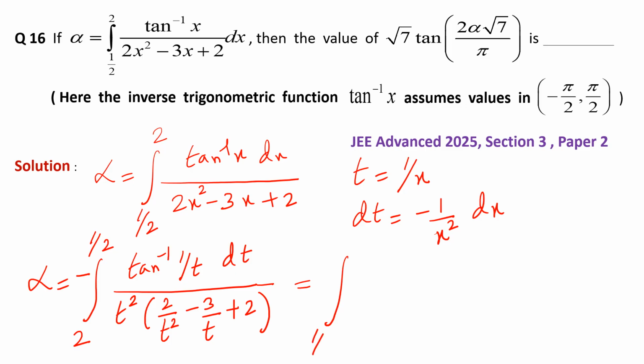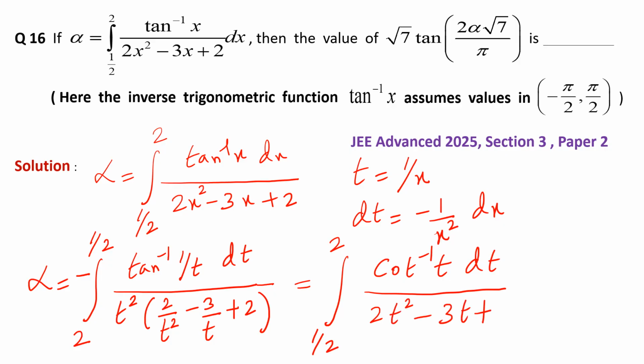So in place of 2, now it is 1 upon 2, and in place of 1 upon 2, now it is 2. Now students, tan inverse 1 upon t can be written as cot inverse t into dt, whole divided upon, in the denominator, now it is 2t square minus 3t plus 2. Now students, we move further.